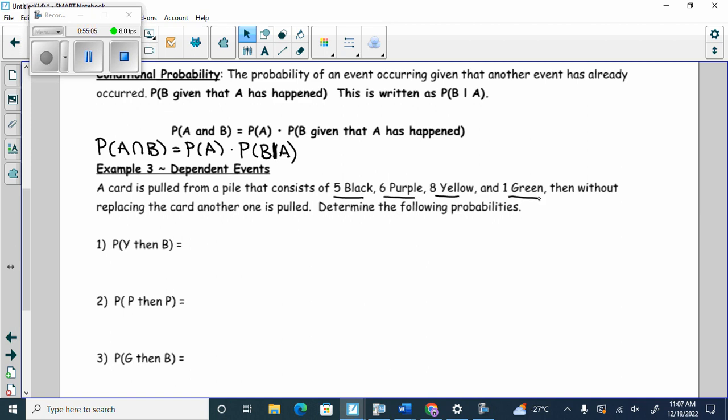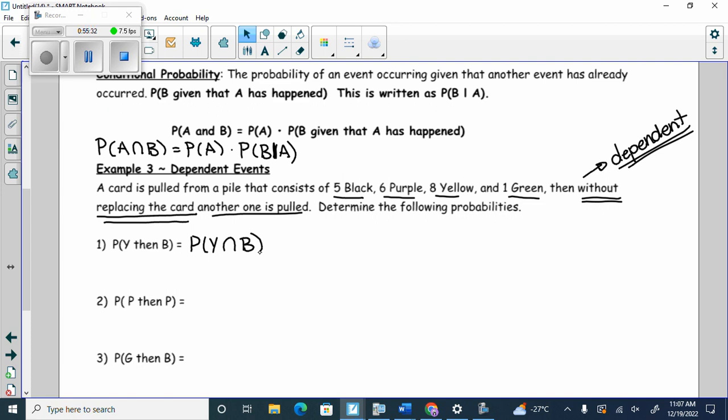Okay? Then here's the key thing. Then without replacing the card, another one is pulled. Without replacing instantly means dependent. It means the second event depends on whatever the heck the first event was. So if I have probability of yellow then blue, that means probability of yellow and then blue.